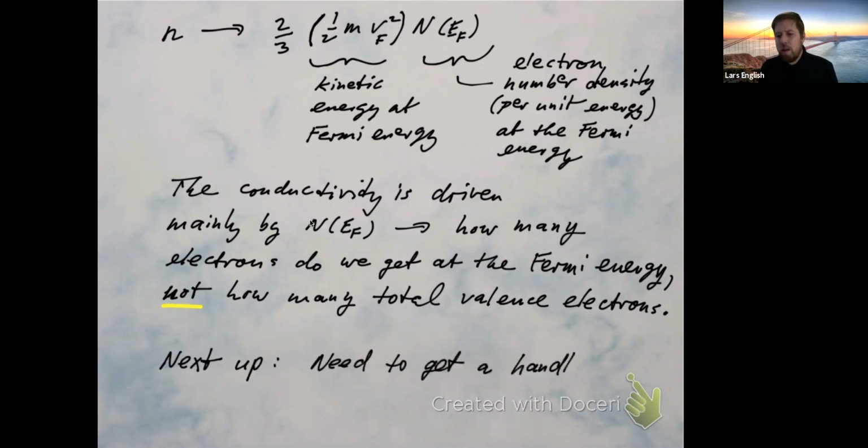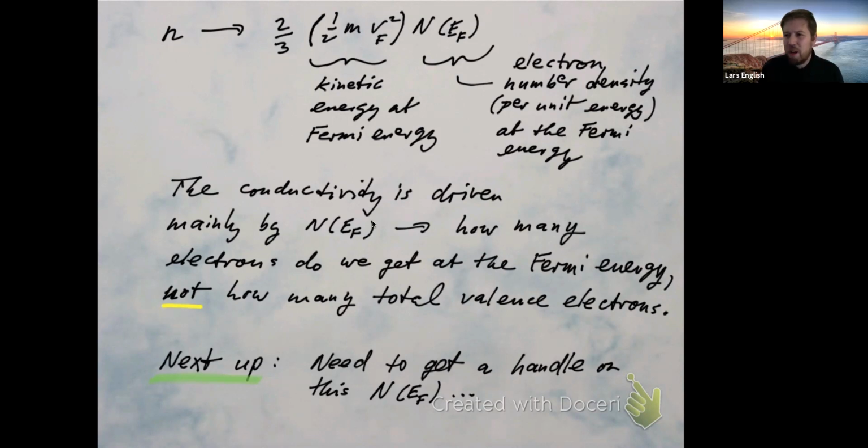Next up, in the next lecture, we have to look a little bit more at this quantity that we've introduced, this N of E. We have to get a handle on it because we'd like to estimate what it is.